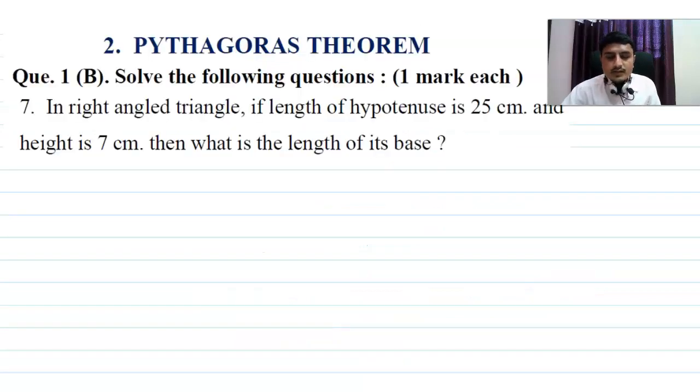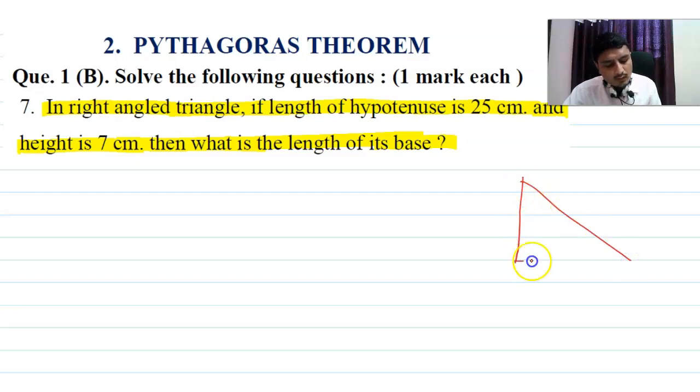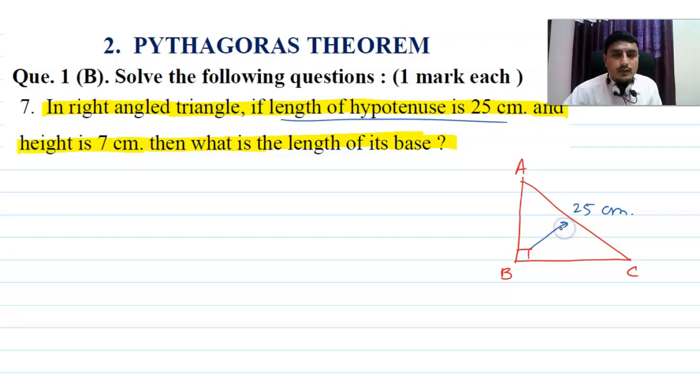Look at question number 7 from exercise 1B. In a right angle triangle, if the length of the hypotenuse is 25 centimeters and the height is 7 centimeters, then what is the length of its base? Let us construct a right angle triangle ABC, right angled at B. The hypotenuse is 25 centimeters. The hypotenuse is AC, which is opposite to the 90 degree angle, and AB is perpendicular on BC.